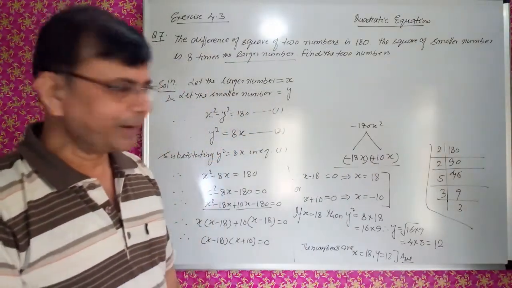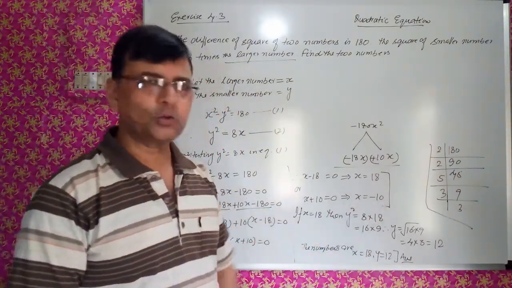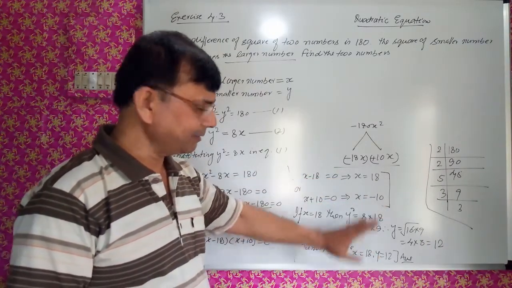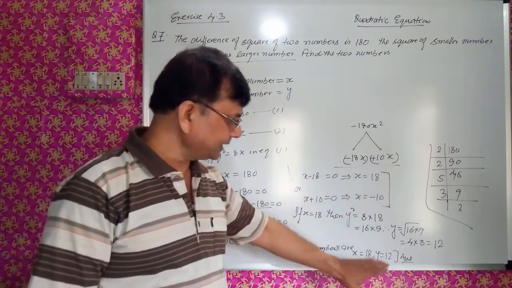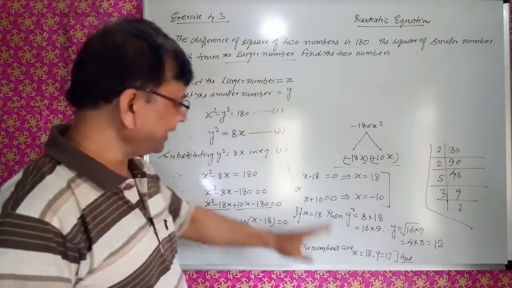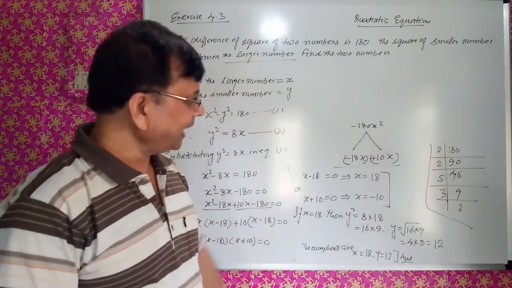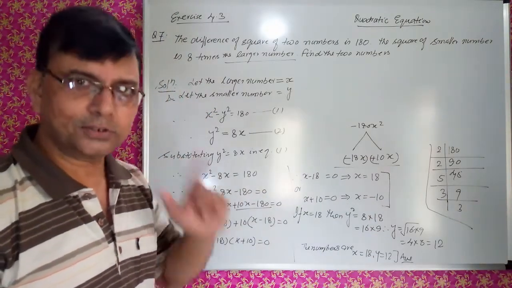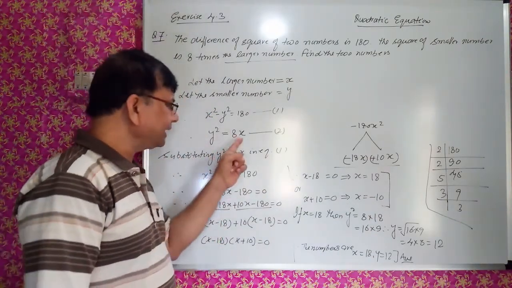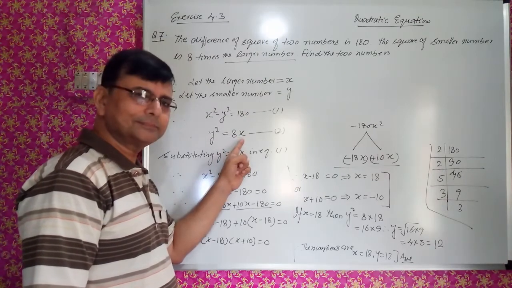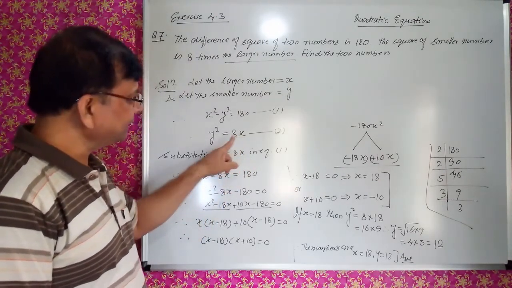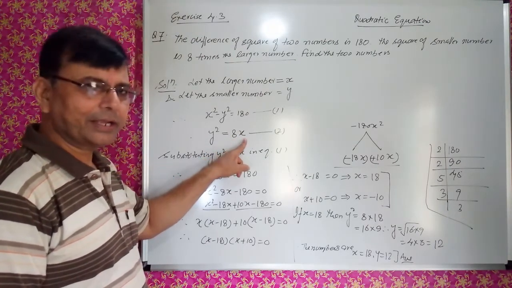A question arises in your mind, x is minus 10 also. There are two possibilities, 18 and minus 10. So for this, the equation is getting satisfied. So this answer is correct. If you are taking x is equal to minus 10, why can't it be this result also? If you put x equal to minus 10 over here, then it will be minus 80.